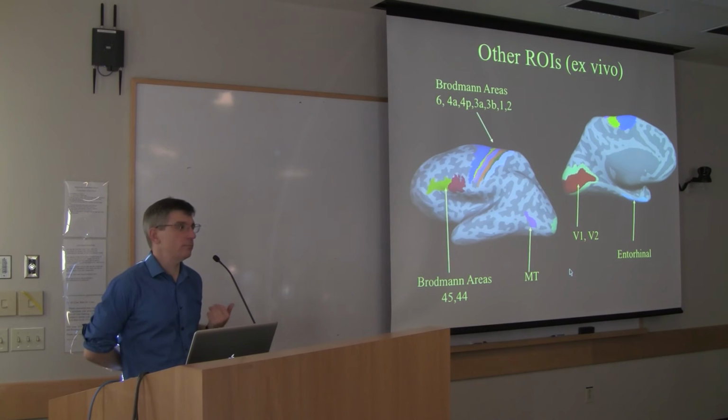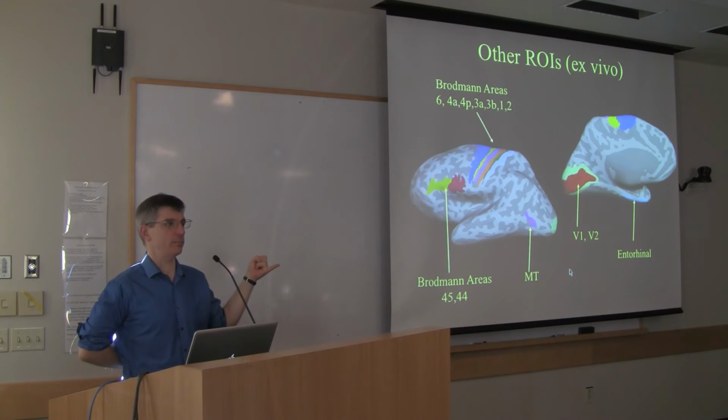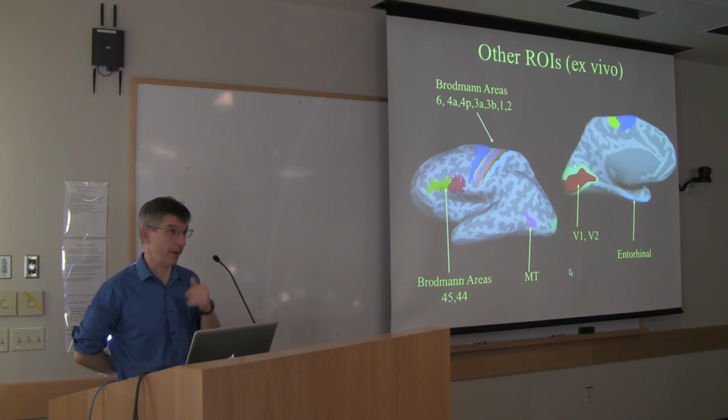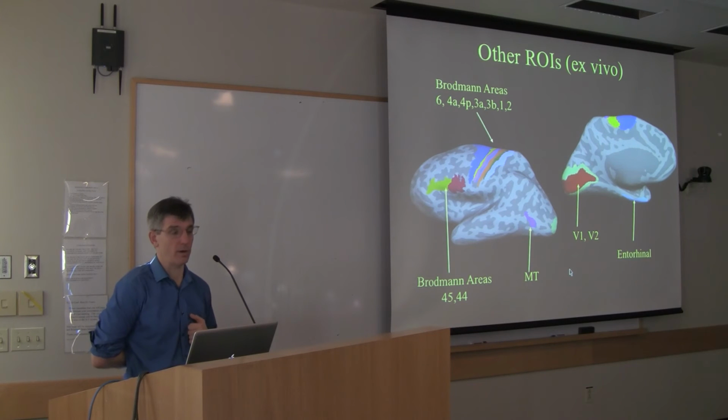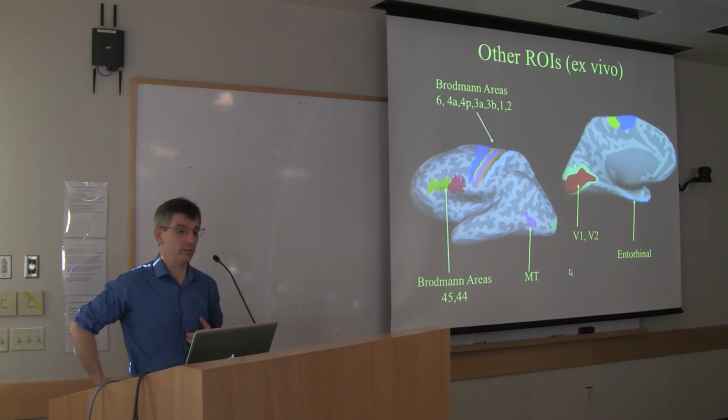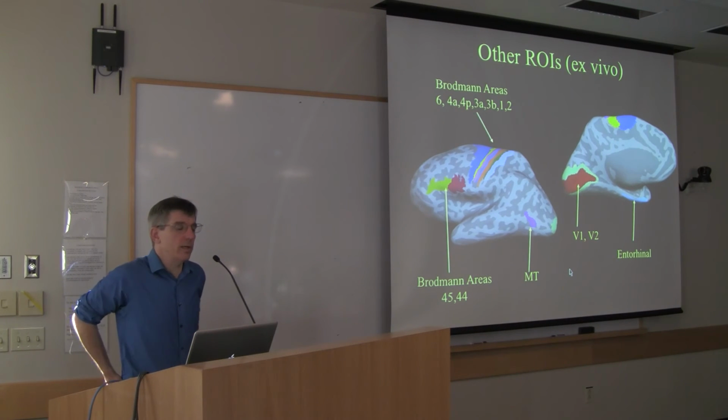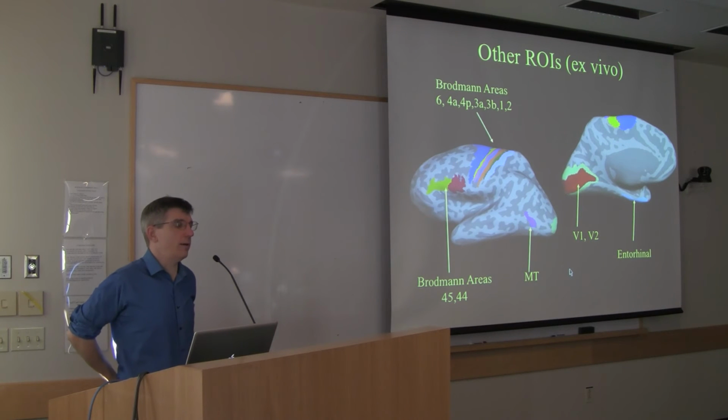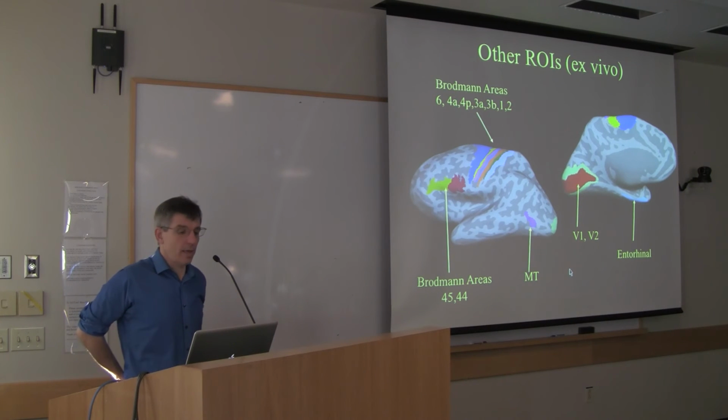So now we've gone over aseg, which is the volume-based segmentation, the Desikan atlas, the Destrieux atlas. And now we're coming to several other regions of interest that can be generated, and this is just one of them based upon ex vivo data. These are Brodmann areas that were labeled cytoarchitectonically.